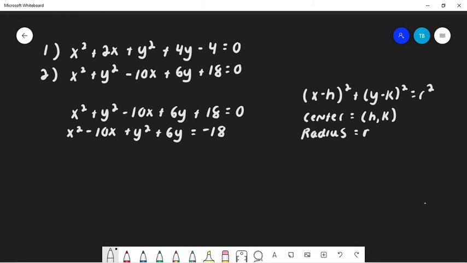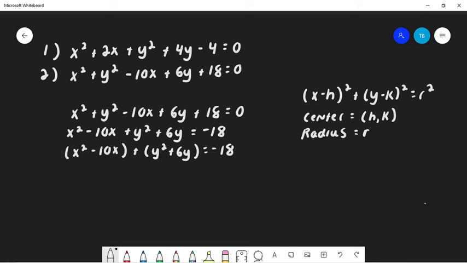Alrighty, then we'll group all the terms with the x's and all the terms with the y's. So we have (x² - 10x) + (y² + 6y) = -18. Okay. Then we take each pair of terms in the parentheses and we're going to complete the square.